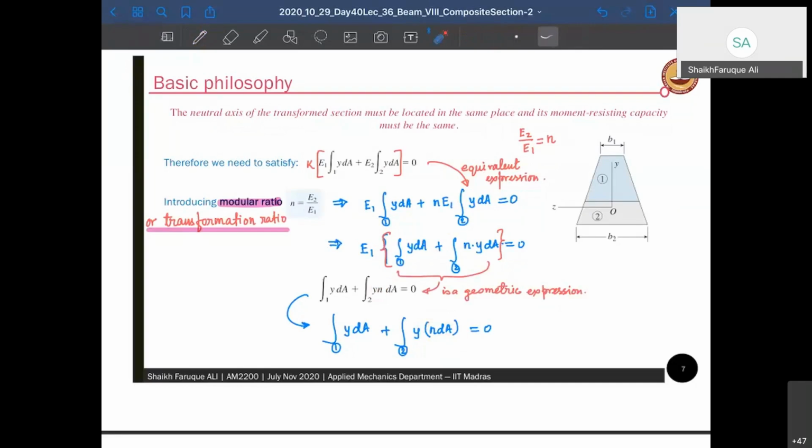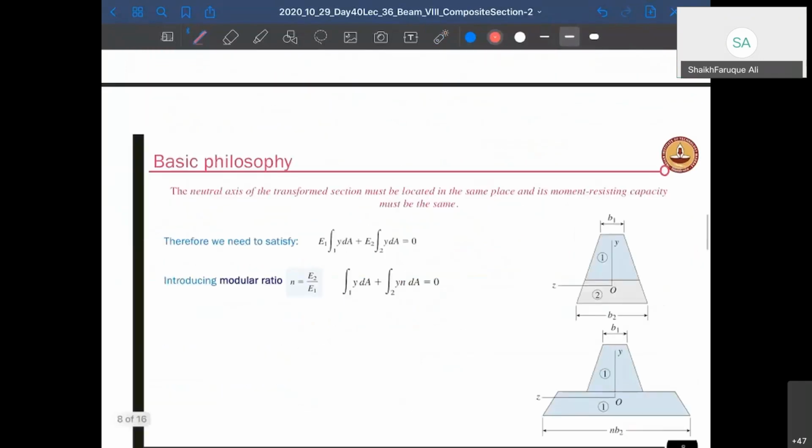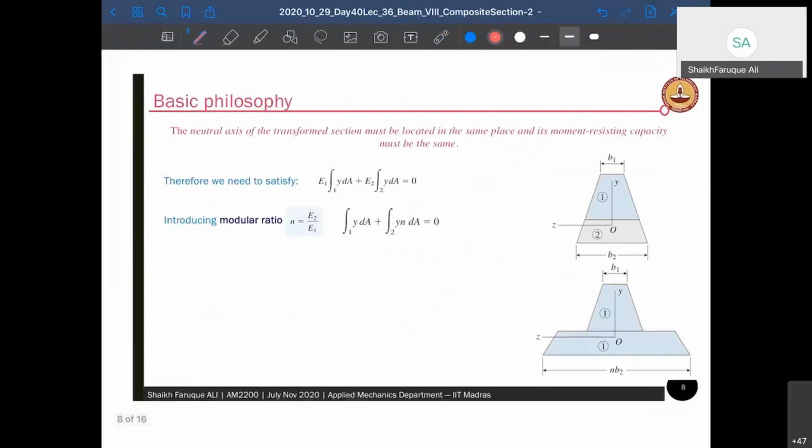All right. Now when I change this area, I can change it in two ways. This area change NdA can be made in two ways, right? I can write it here. So this is written as over 1 YdA plus over 2 y into NdA.